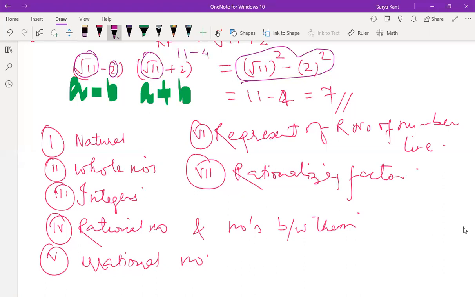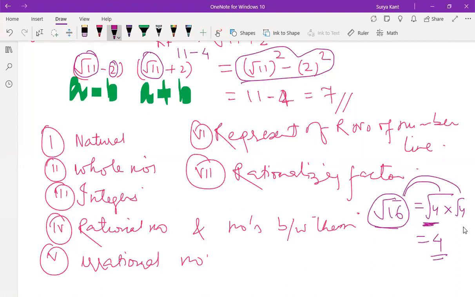Suppose root 16. What is the root 16 answer? Root 4 into root 4, right? So the answer is 4. If anything is repeating in the root, it will come only one time outside. That is the shortcut. Suppose I ask you root 7 into root 7, so just write only 7. Okay, sir, got it. If you practice, you'll get the shortcut automatically.